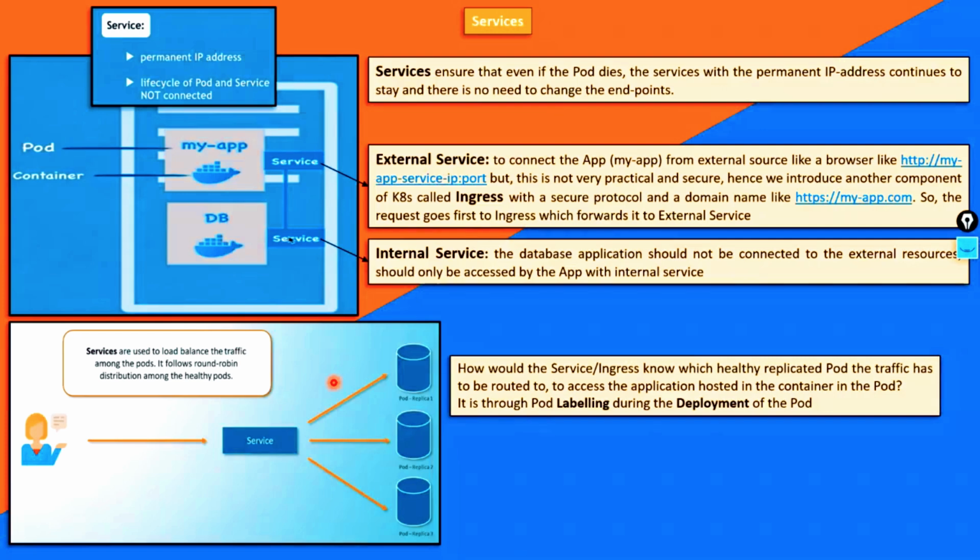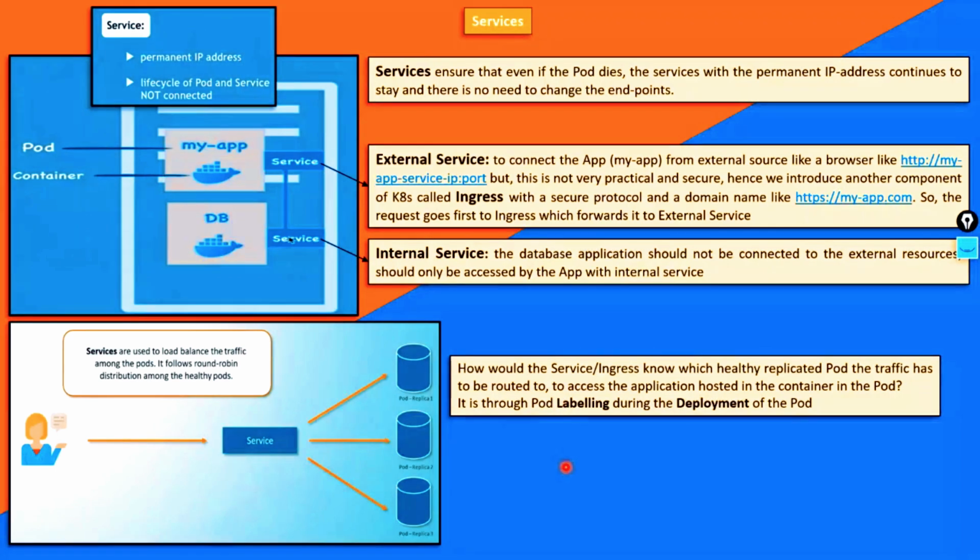If the request is coming from a particular device, and the device is whitelisted or blacklisted, it will not be allowed if it is blacklisted. Even if it is whitelisted, if it is not following certain rules of connection, it will not be allowed. Similarly, we can implement that external service as an ingress controller, which will in turn go to the service.